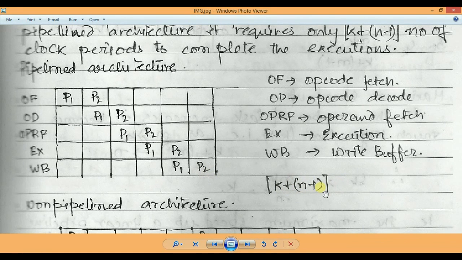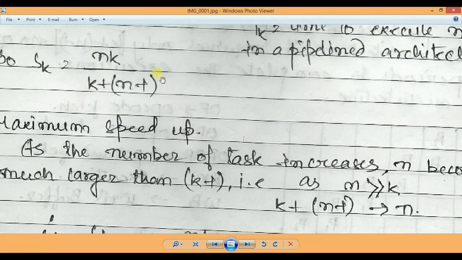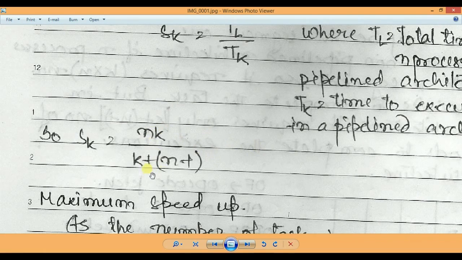N is 2. N plus 1 means 3. So it would have been k plus 3, but it's not that, it's k plus 1. So it's n minus 1. N is 2, n minus 1 means 2 minus 1 is 1. This is k plus 1 clock periods. So the formula is k plus n minus 1. So let's plug it here: nk divided by k plus n minus 1.